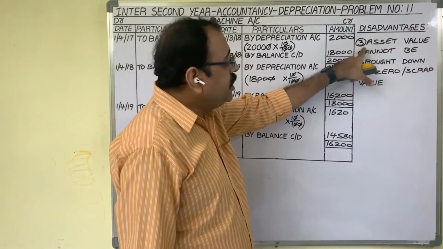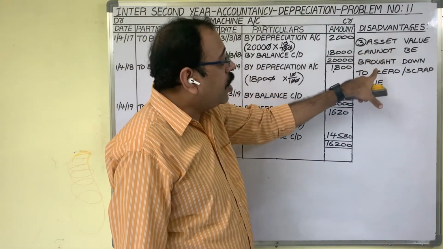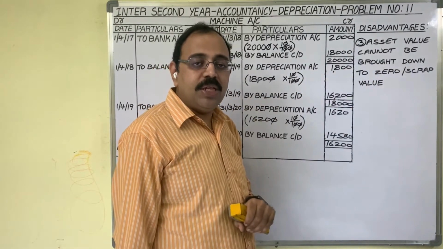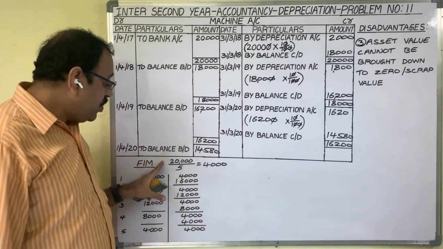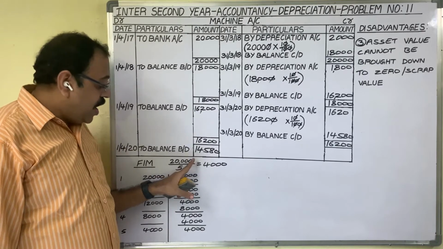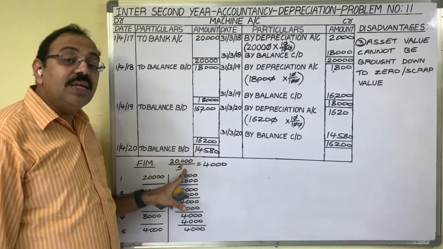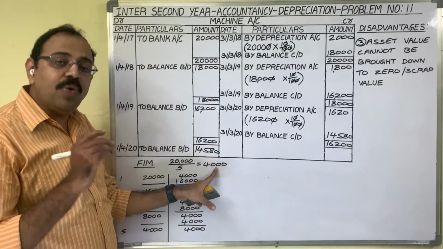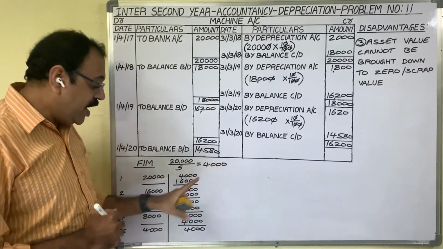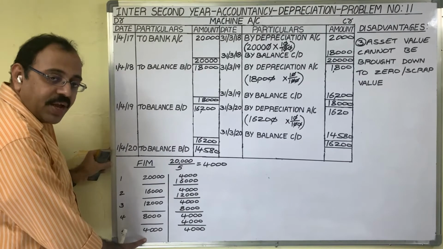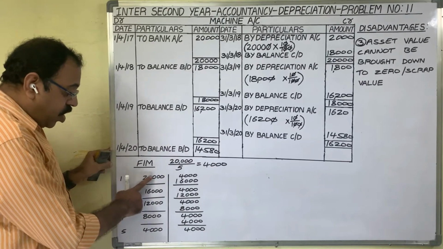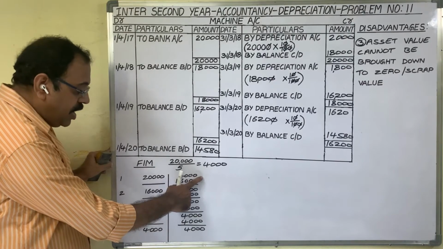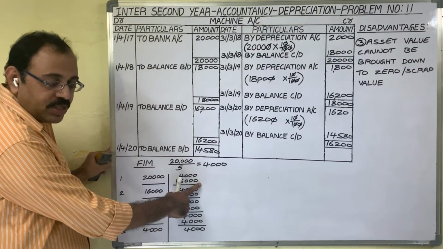Third disadvantage is asset value cannot be brought down to zero or scrap value. Take fixed installment method. If cost of the asset is 20,000 and expected life of the asset is 5 years, then annual depreciation becomes 4,000 rupees. Then if this is asset account, first year cost 20,000, first year depreciation 4,000, balance carried down 16,000.